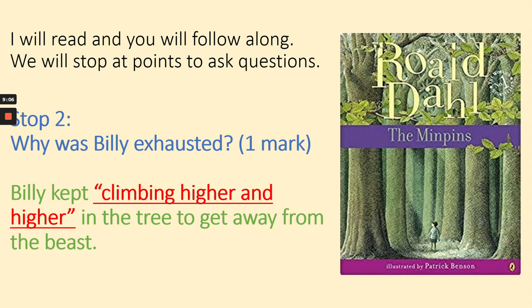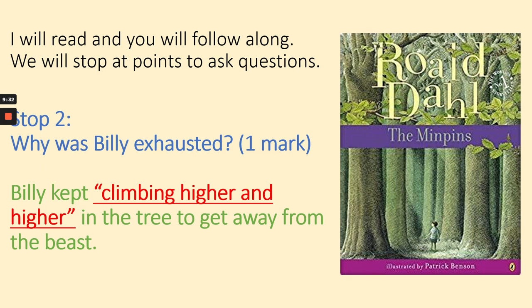How did you go? Let's see if you had a similar answer to me. Why was Billy exhausted? Billy kept climbing higher and higher in the tree to get away from the beast. Now, you don't need to have words from the text in this short, snappy answer, but if you did include it, that's great as well.